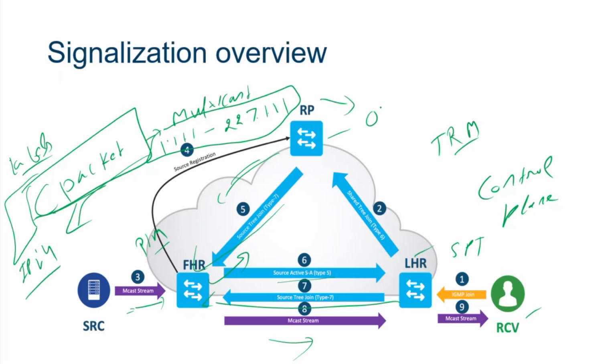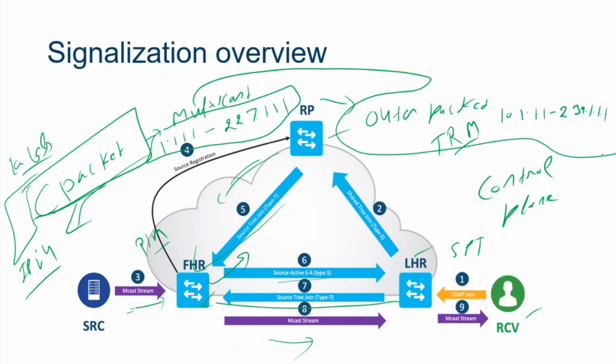So the outer packet, if we take this, the source will be your VTEP, let's say 10.1.1.1. Destination will be 239.1.1.1. And then inside you will have this packet here.